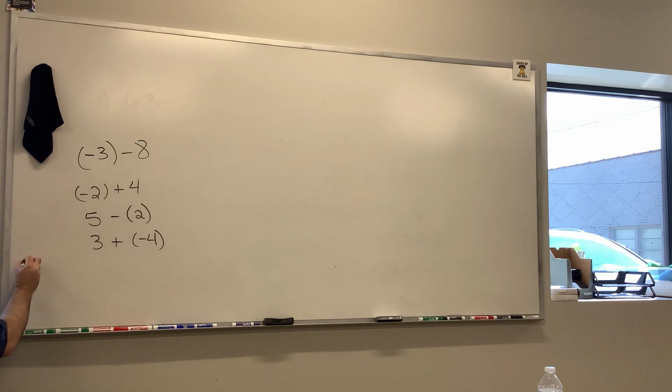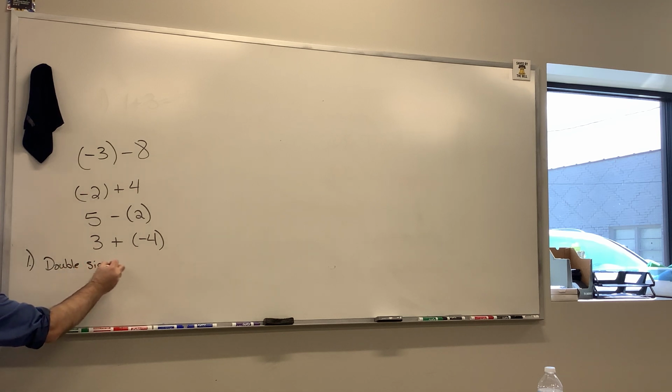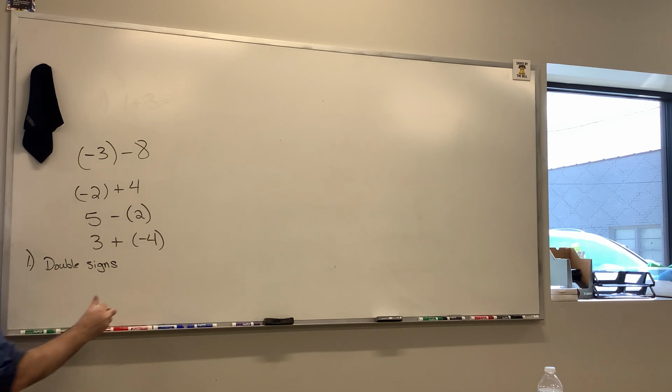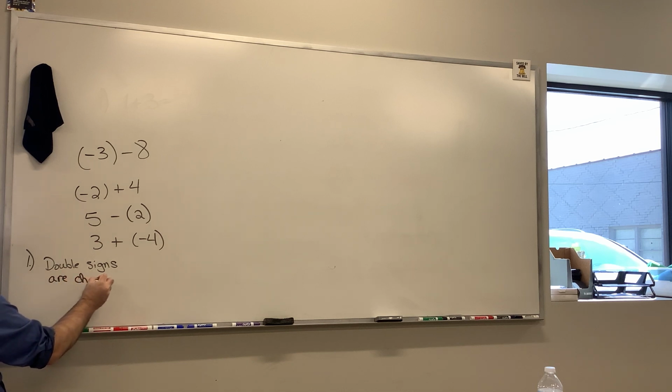The first step that I do is I look for double signs. And when I see them, double signs are changed, or if you want to say eliminated, but we're going to do something with the double signs.